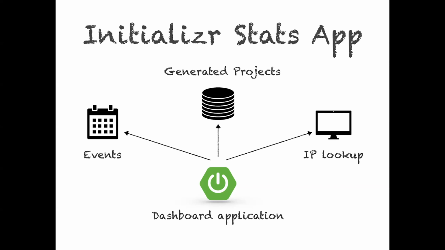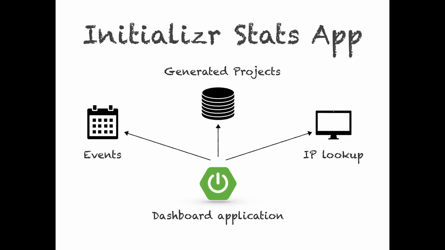And this dashboard application talks to 3 external services. Obviously, we're not going to use real data from start.spring.io, but we do have a backend application that simulates these 3 services. So the dashboard application talks to a service that gives you the statistics about generated projects, what kind of projects were generated.